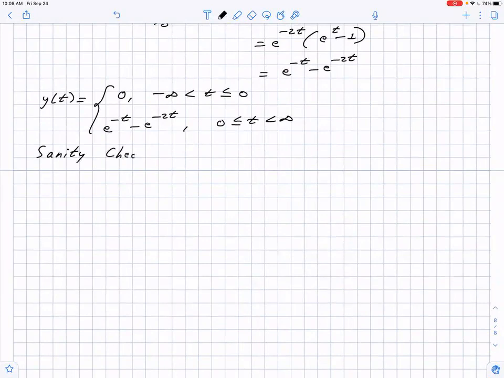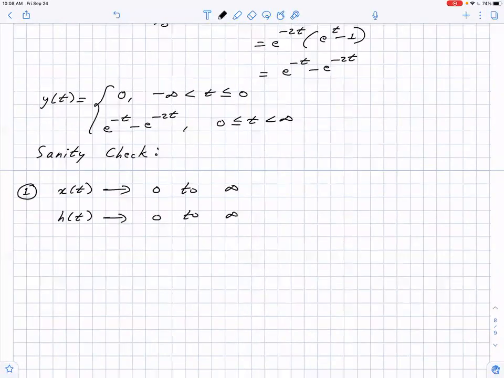So two things we can check are, first, the non-zero range of y of t. So x of t is non-zero from 0 to infinity, and h of t is also non-zero from 0 to infinity.